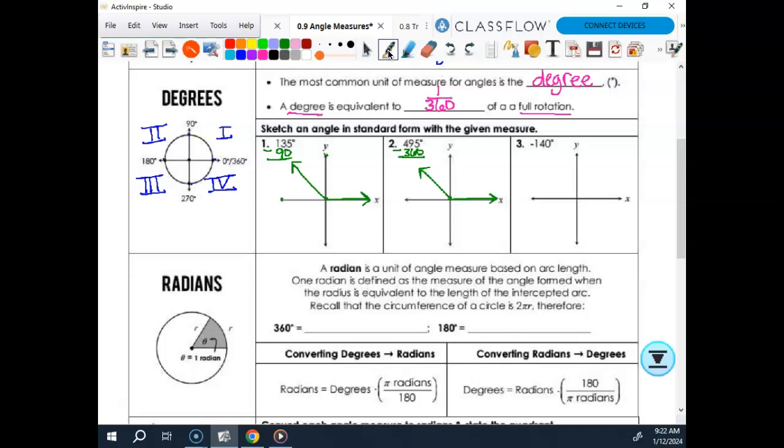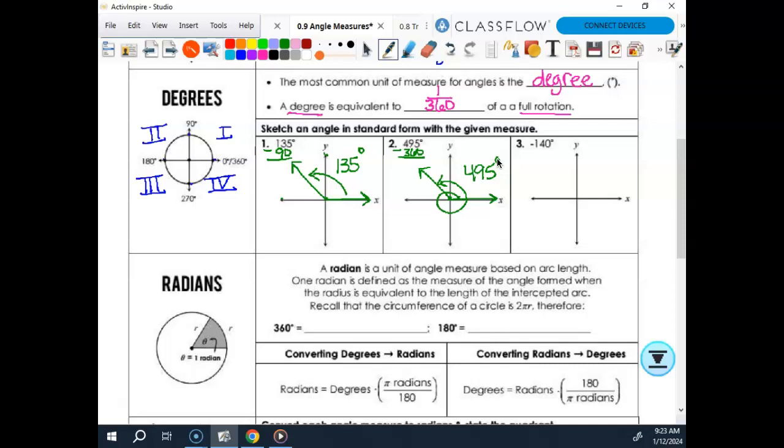And so for this 135, I need to do this, and I can say this is 135 degrees. For this one, I'm here. I rotate all the way around and then a little bit more, and this is 495 degrees. So even if I didn't write the numbers, do you see how the arrows tell you that they're different? Yes? We good with that?